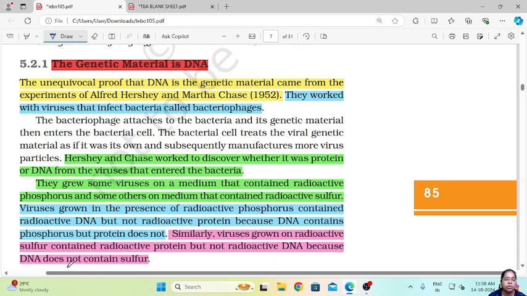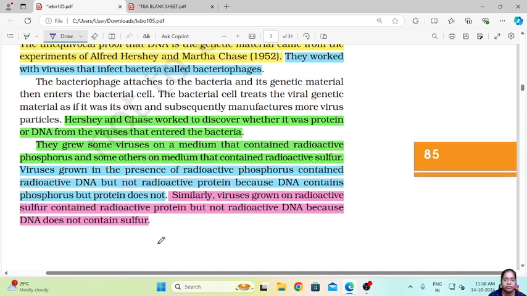Similarly, viruses grown on radioactive sulfur contain radioactive protein but not radioactive DNA, because DNA does not contain sulfur.